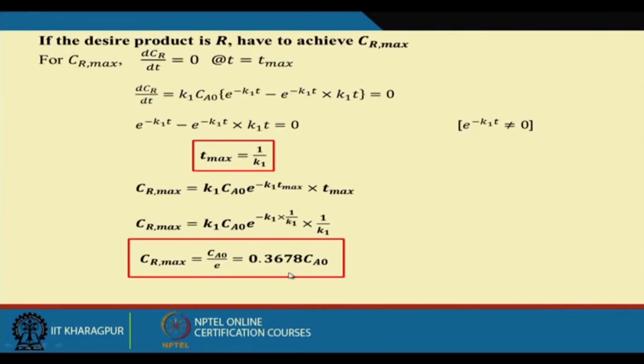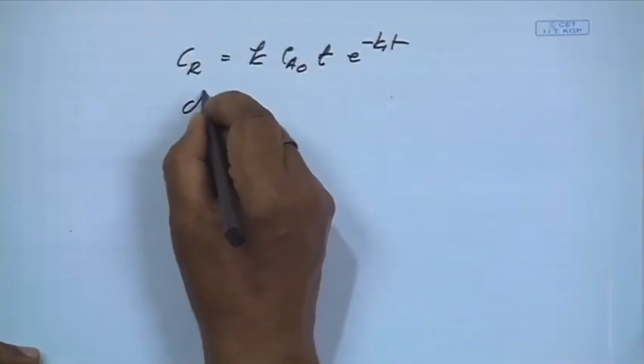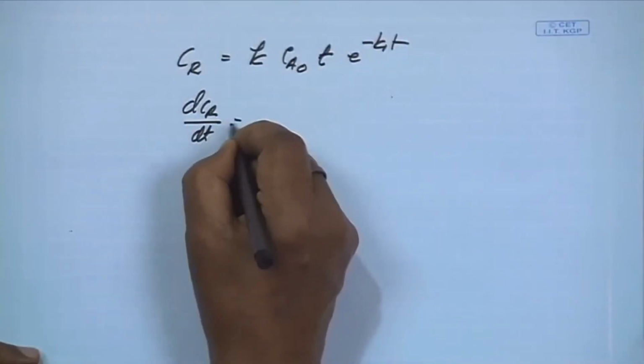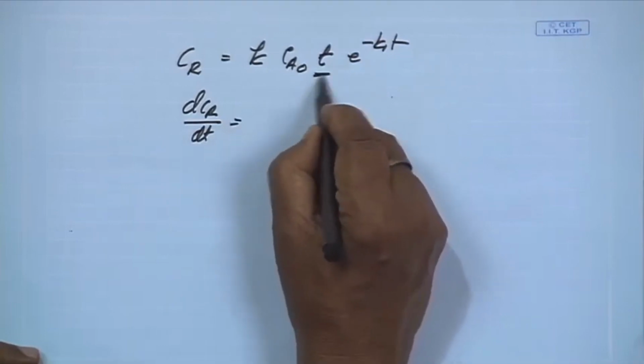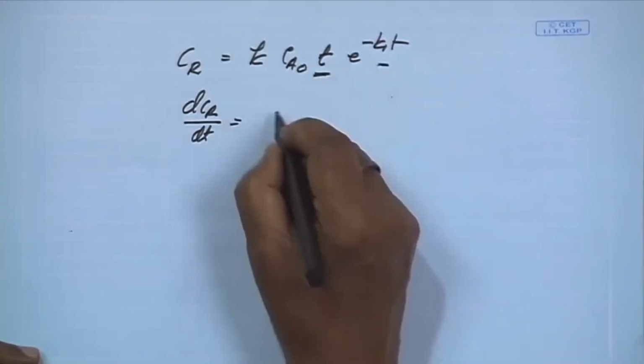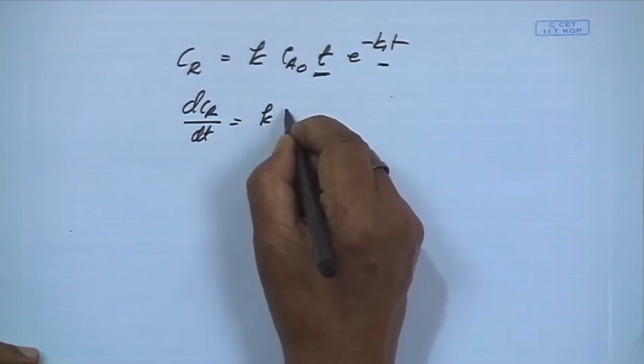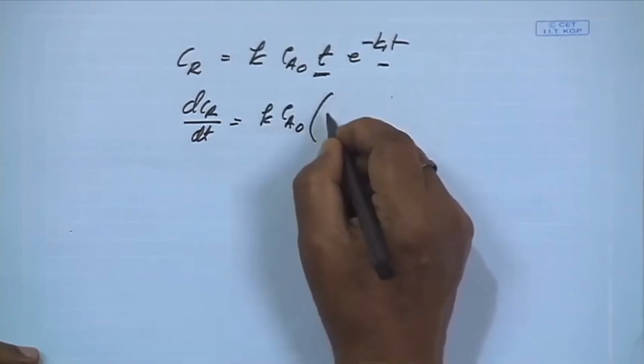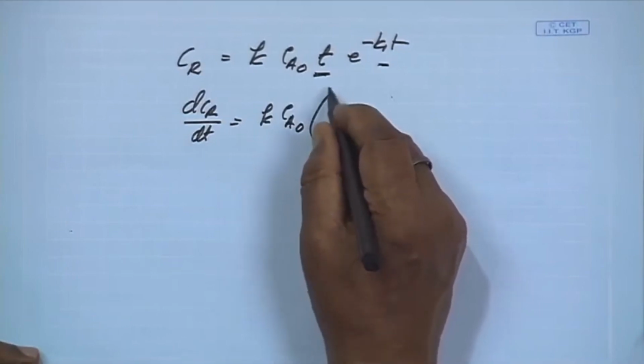Now if you do the differentiation dCr by dt, what are the two variables we have, this and this? So we can write K into CA0, I can take this, and differentiate with respect to t.